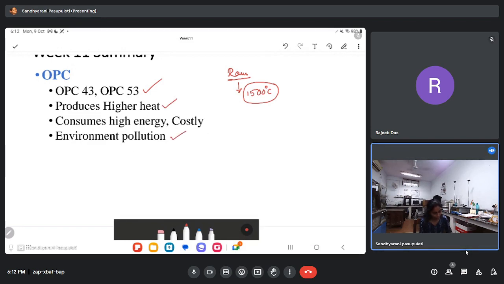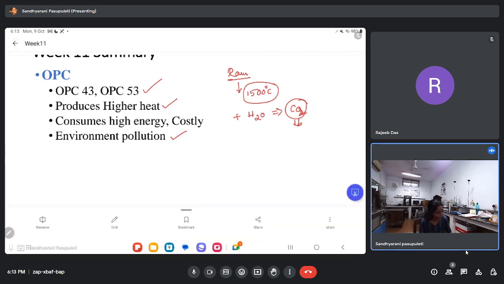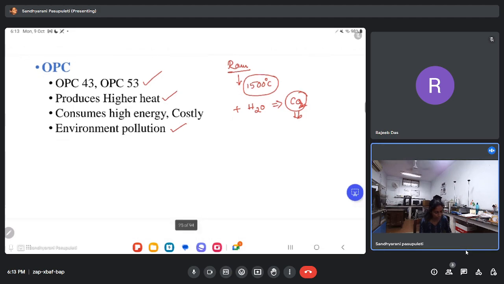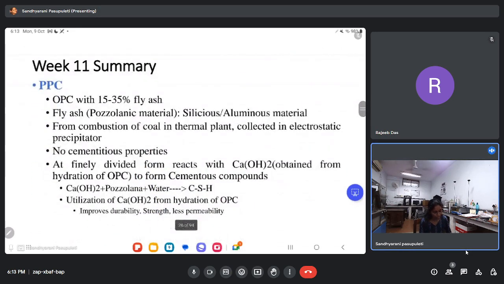The environmental pollution would be more in this, because CO2 is the byproduct in the end process. So this carbon emission is one of the main environmental disadvantages of using ordinary Portland cement. This is one of the reasons why we want to go for alternate materials, so that we can eliminate the emission of carbon dioxide into the environment. Thereby we got the PPC.